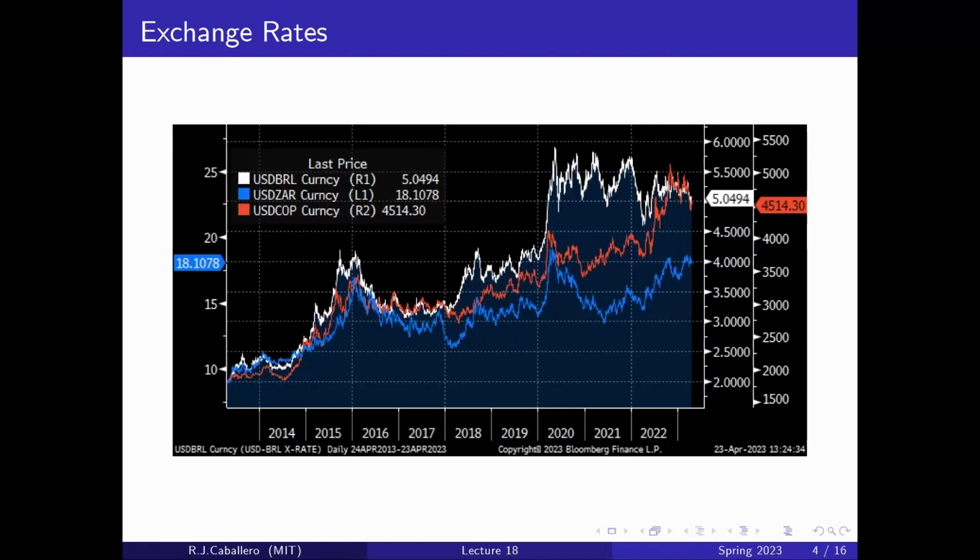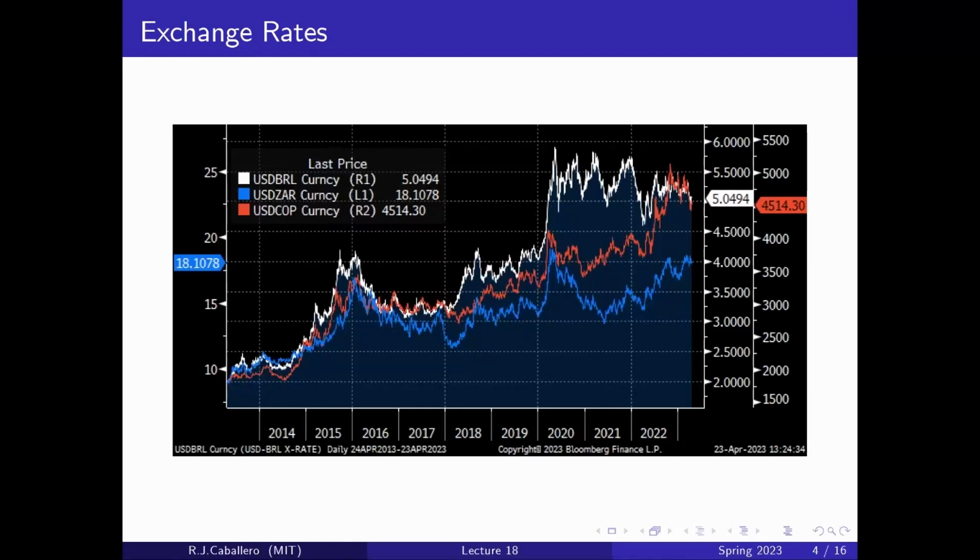These are currencies that are a little different. This is the Brazilian real. The ZAR is the South African rand. And this is the Colombian peso. And you see several things here. They do move, so they have a big component of flexible exchange rate. They do intervene a lot more, though, because they are exposed to much more risk-off type environment, and they need to intervene fairly frequently to control movements in the exchange rate.